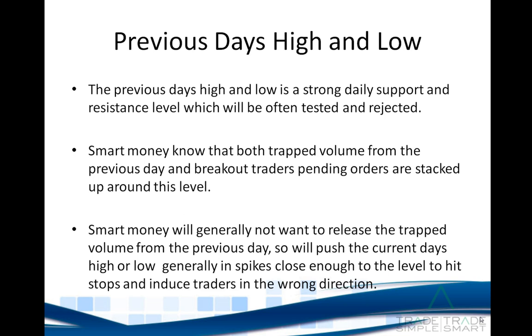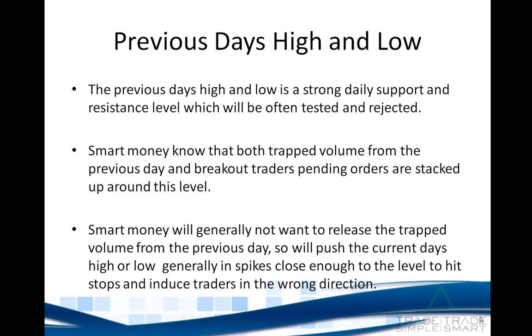But what they will generally do is, because they know that breakout traders will be looking in and around these levels for opportunities to enter, smart money will many times come very close to the previous day high and low, penetrate the level, induce breakout traders into the wrong side of the market, and then sell or buy into this pressure. Now, they will not penetrate the level high or low enough to release the trap volume from the previous day.